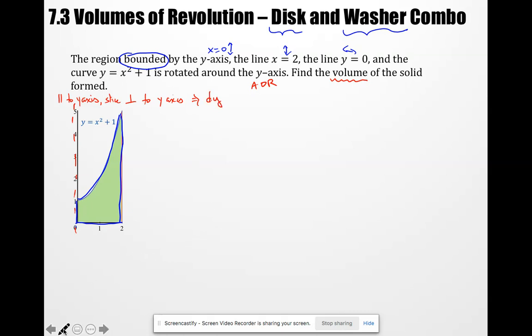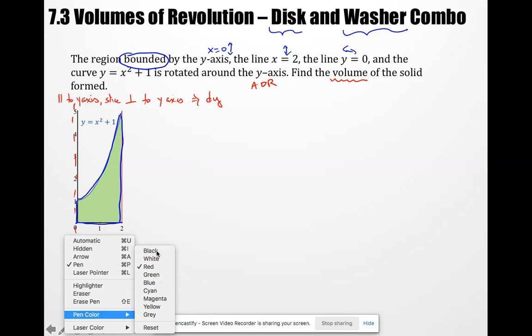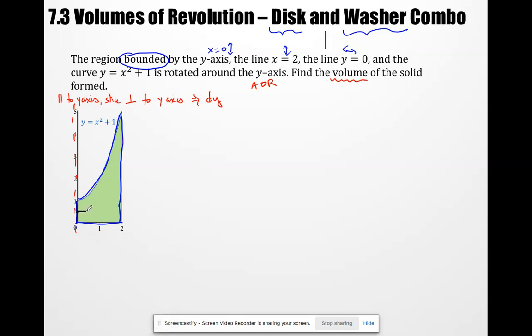So I'm going to draw a strip for my disk method, because I'm going to do my disk method right here from 0 to 1, and then I'm going to do my washer method from 1 up to 5.